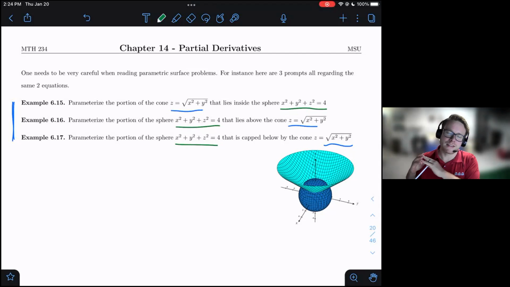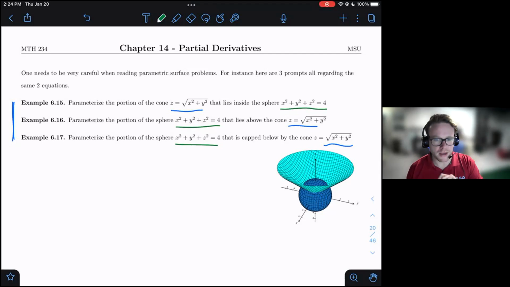How much paper does it take to build this piece? So quite often you're talking about just pieces of surfaces or a portion of the surface, and they don't go on forever. And so typically one of these equations is going to be a restriction equation that tells you when your piece stops, and then the other equation is going to be the surface itself. So that's the important thing here.